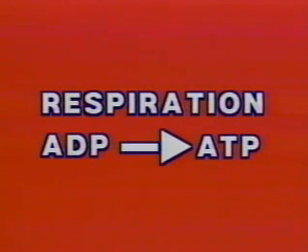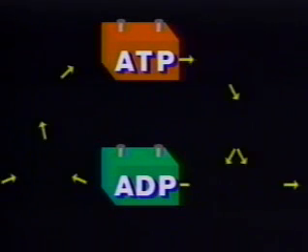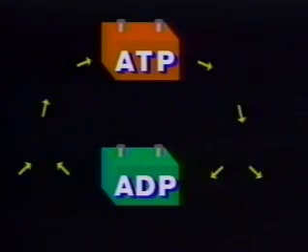Then, during the respiration process, ADP will once again go through a series of steps to be reformed into ATP. This ATP-ADP cycle is like a battery being continually charged and discharged.